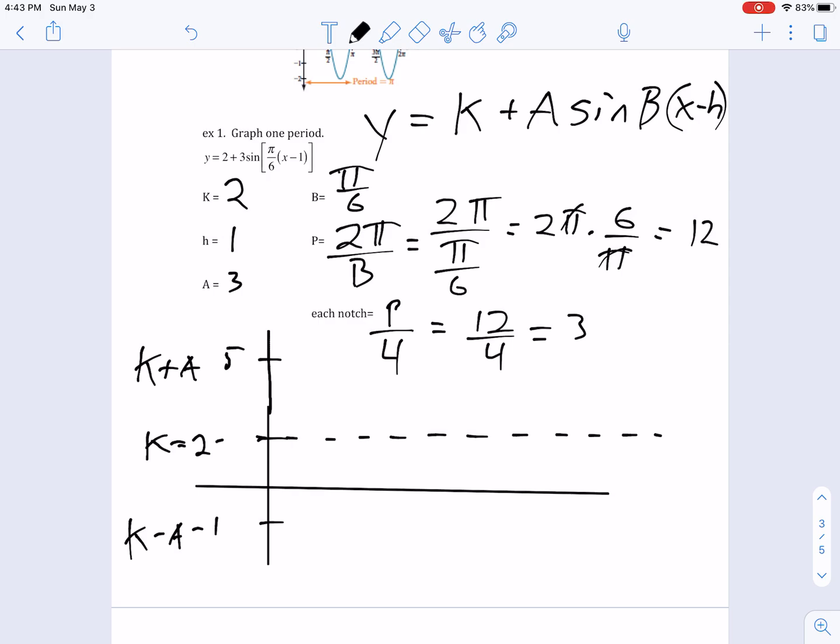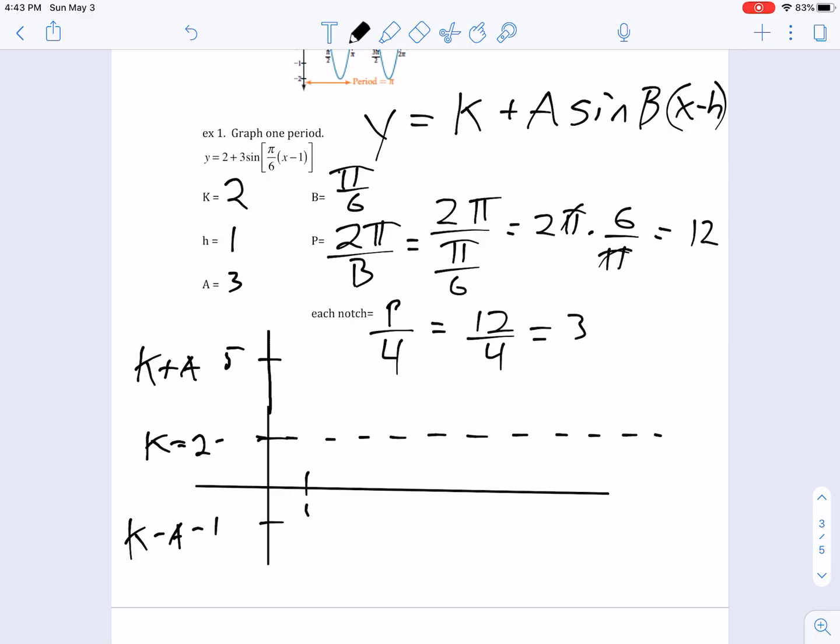Now I'm going to mark my x values. Well, my first x value is the h. Boom, h. Okay, so I'm just at 1. Mark it here, 1. Okay, and then I'm always going to have 4 marks after h to represent going around a circle at 90, 180, 270, and 360.